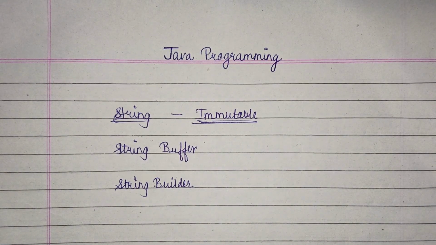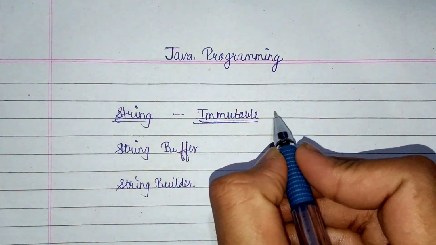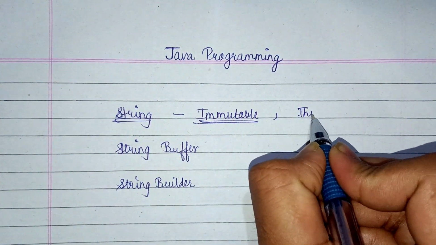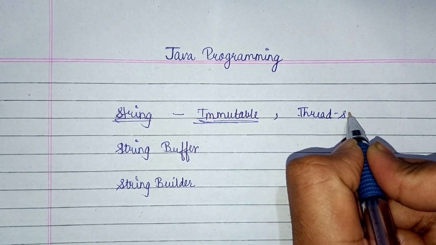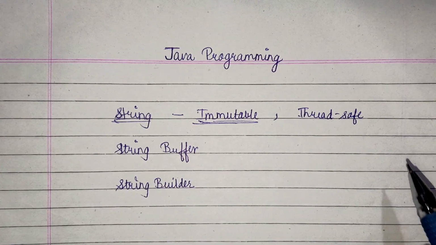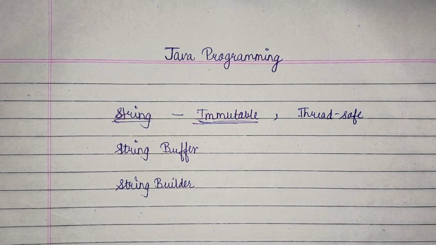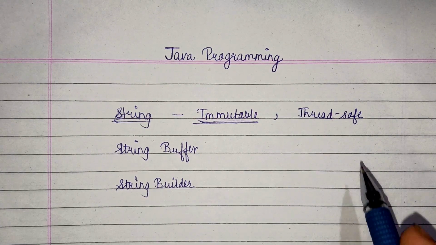Next, the string class is thread safe. A thread is basically a lightweight process, or we can say it is the smallest part of a process that allows a program to operate more efficiently by running multiple tasks simultaneously. That is what is meant by thread.